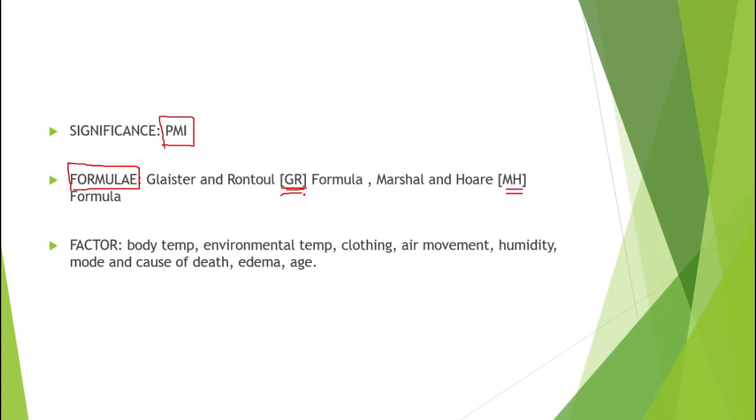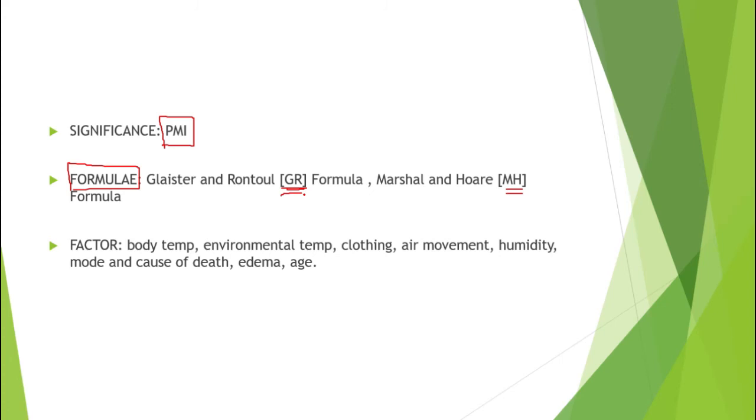If a person has done more physical exertion, his glycogen stores have given off, so there is no post-mortem glycogenolysis. There will be post-mortem glycogenolysis through anoxic pathways, but it will not be of a high level, so the body cools quickly. Number eight is edema.